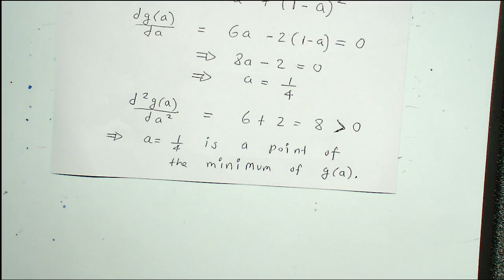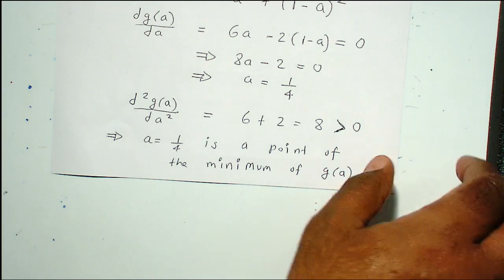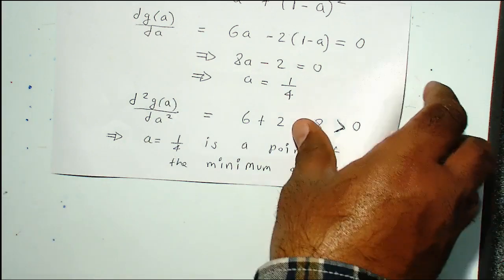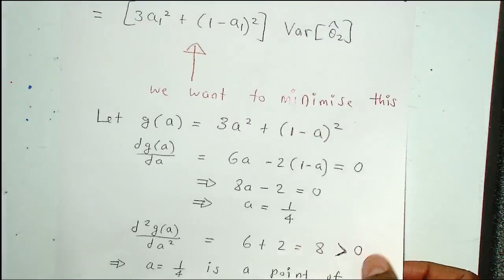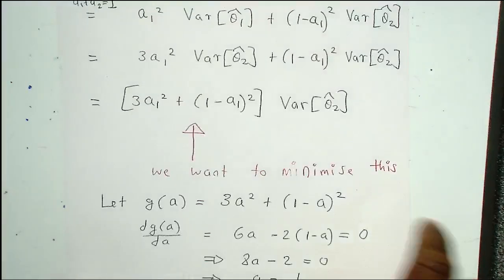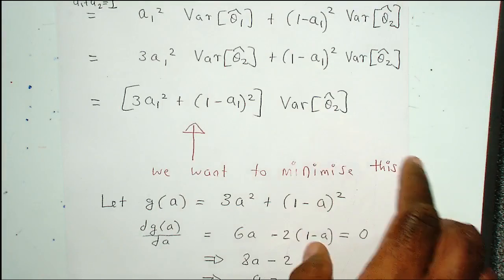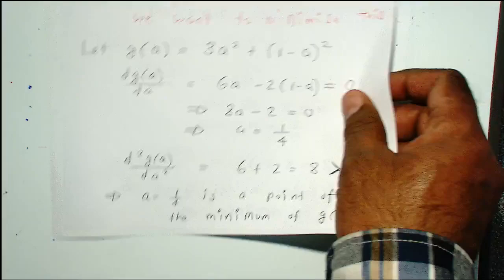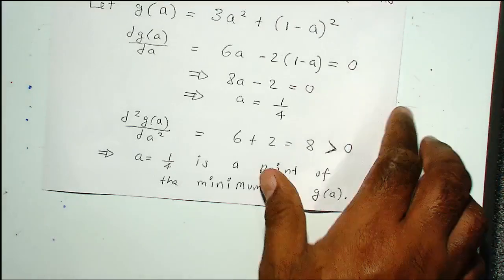So in other words, what I am saying is that this guy here, if you can still see it, is minimized if A1 is equal to a quarter. Okay, so let me put this over here.